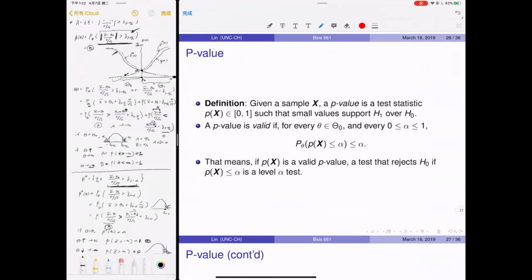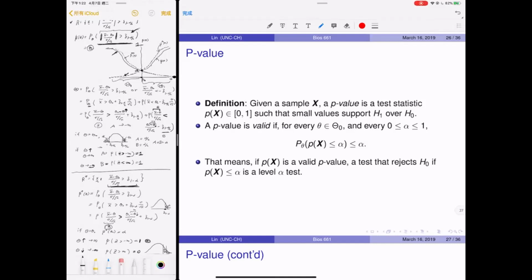I understand that, especially if you are a patient, then p-value is trash, I think. I will let you know why they think this is trash. And actually I agree with them somehow, because p-value is not intuitive in some sense.